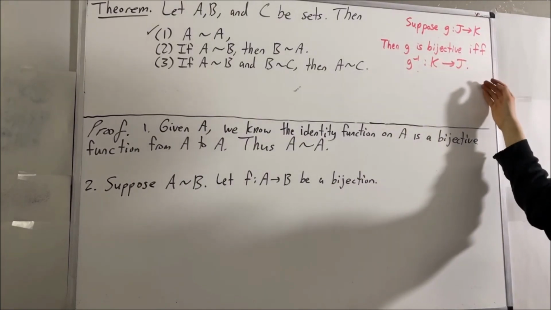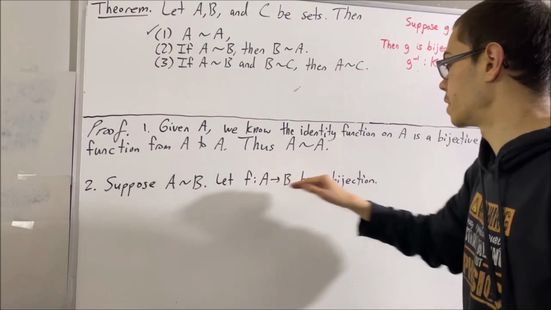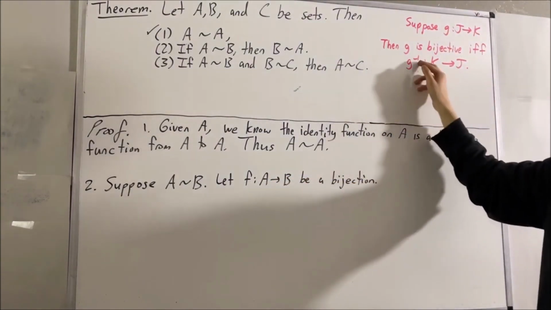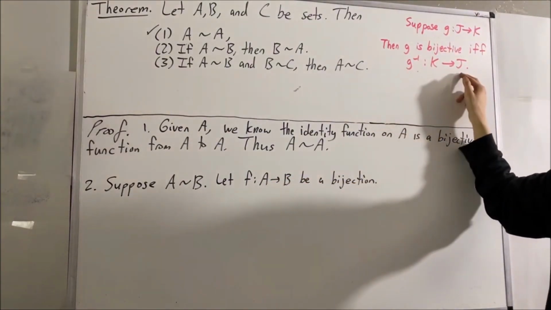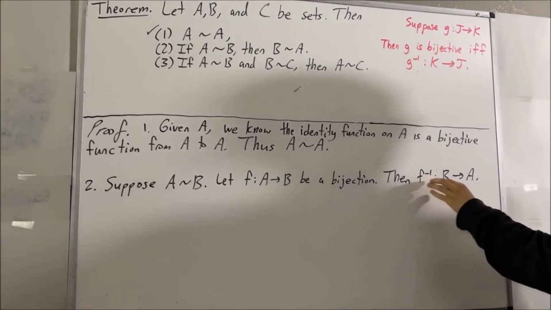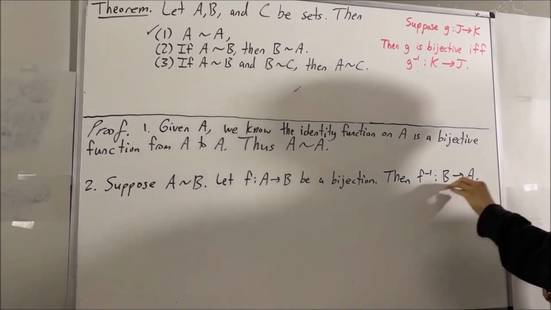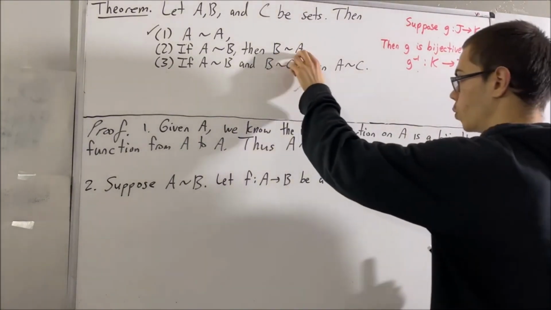And that's it. Now, since f is a function from A to B and f is bijective, it follows that the inverse of f is a function from B to A. And our claim is that the inverse of f is a bijection. If we can show that, then we have a bijection from B to A, which is exactly what we want.